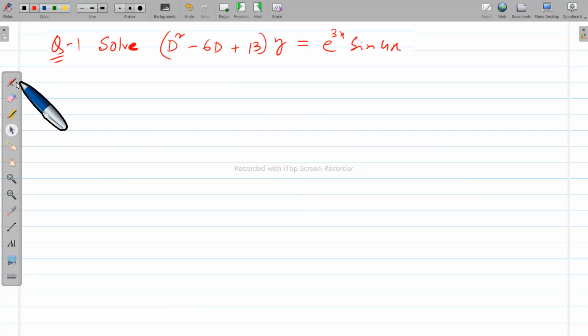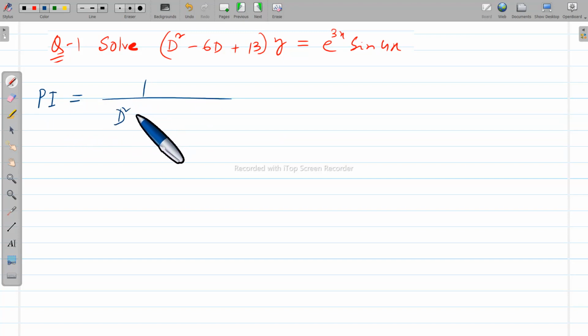I have already informed you, I'll explain only the PI part because the CF part is the same. The process for the right side expression is the same, already you know that. Now try to understand the PI of this particular problem.